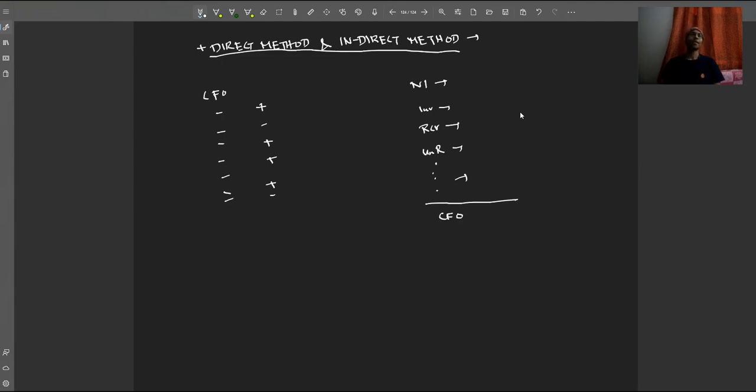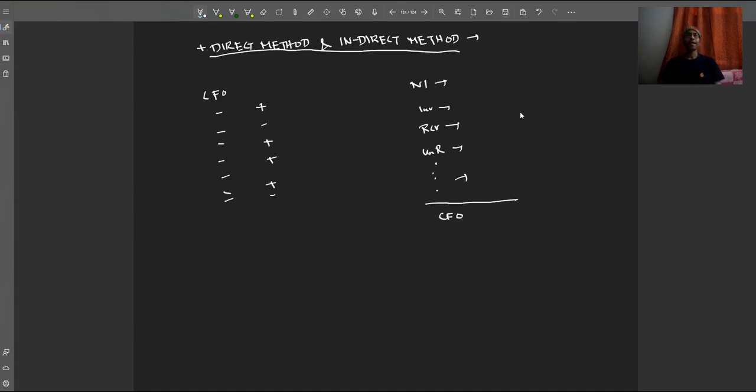So both have their advantages and disadvantages, friends. For example, the direct method is more useful and easier to understand and analyze for an analyst, because specific items, the source of them and the amount are mentioned in the sub-item list, right? They can make specific predictions and specific amounts are readily available.